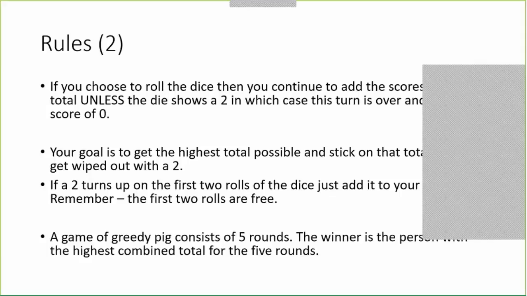So the first thing we have to do is come up with a bit of code to play the game. Oh, a couple of examples first for anybody perhaps not quite sure.